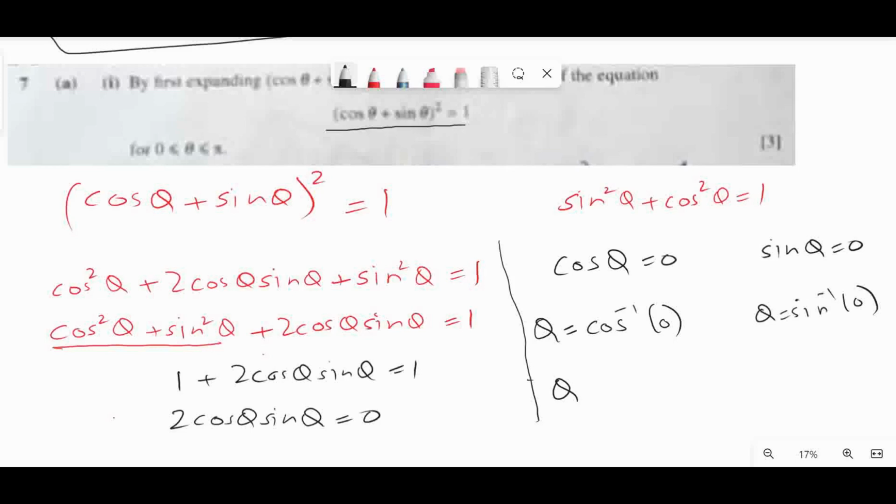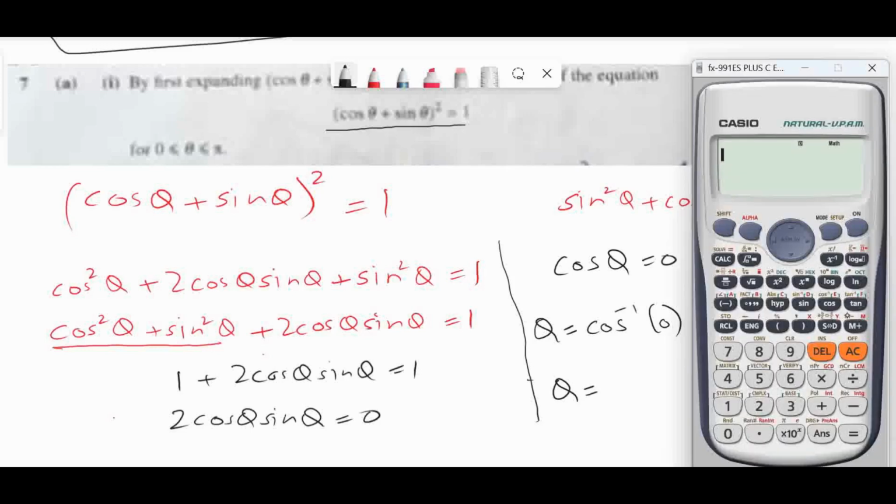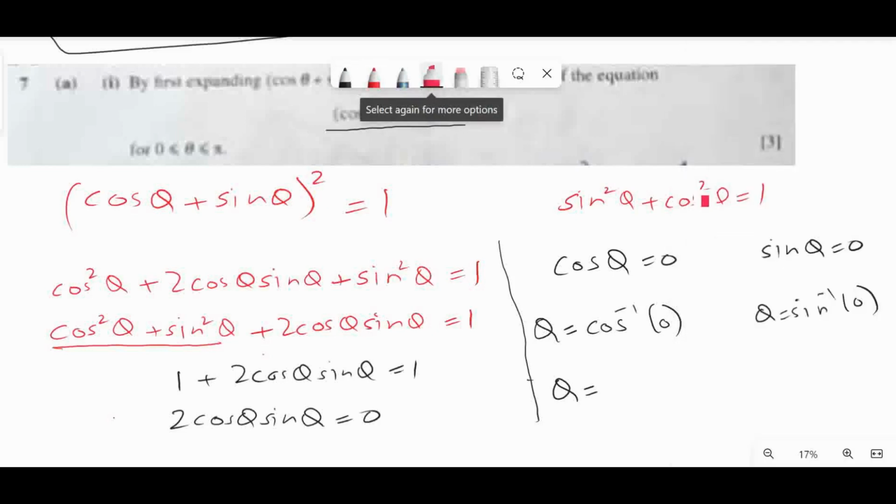We will get theta equal to, let's find out the values, but keep this in your mind that here the range is in radians because it is from 0 to pi. So our calculator must be in radian mode. This is a very important and very tricky point.